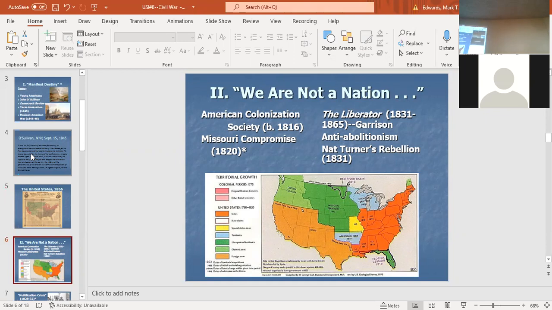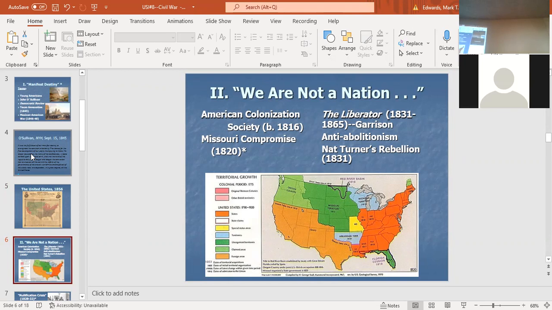In 1819, Missouri proposes to come into the Union as a slave state. Northern senators immediately start crunching the numbers, and they see that if Missouri is allowed to come in as a slave state, southern states, slave states, are going to have 2 more senators than northern states.